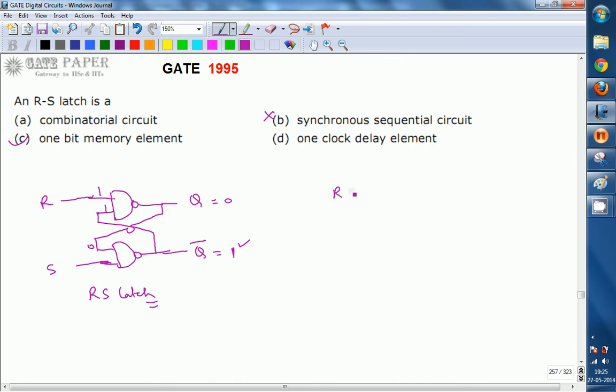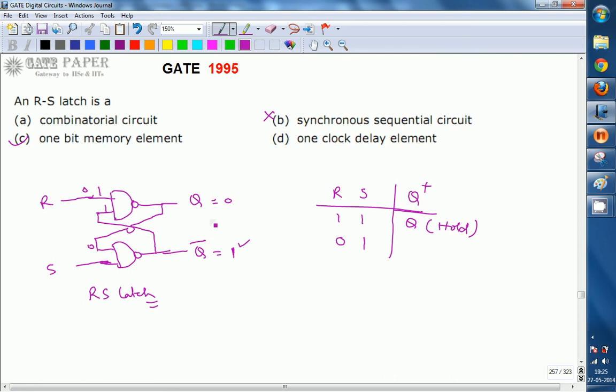So we can write the truth table like this depending on the values. If RS is equal to 1, 1, then Q plus is the same as Q, that is the hold state. Whereas when R is equal to 0 and S is equal to 1, since R is equal to 0, irrespective of the other input, that makes Q equal to 1.